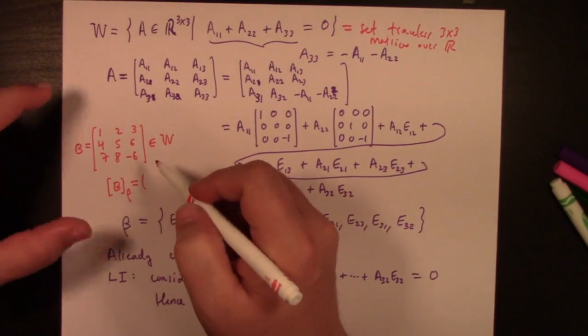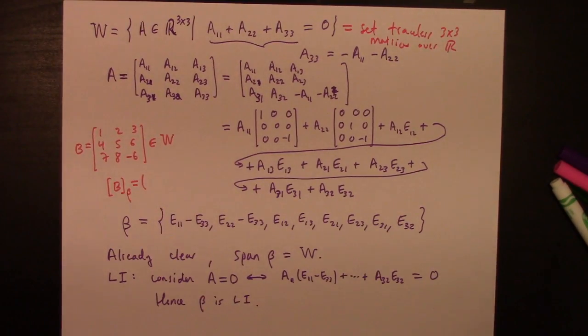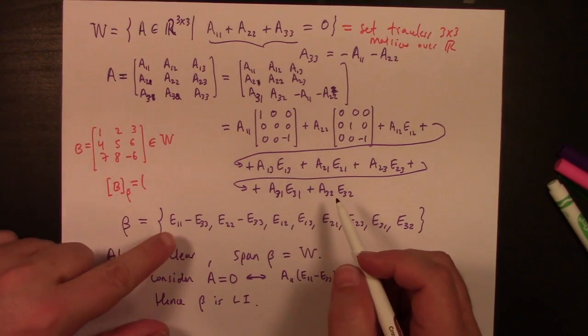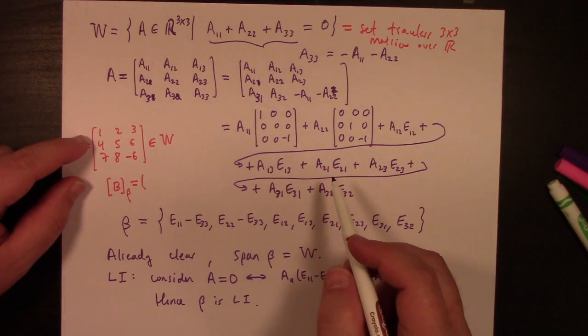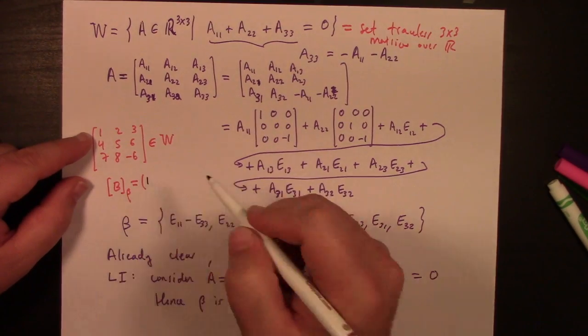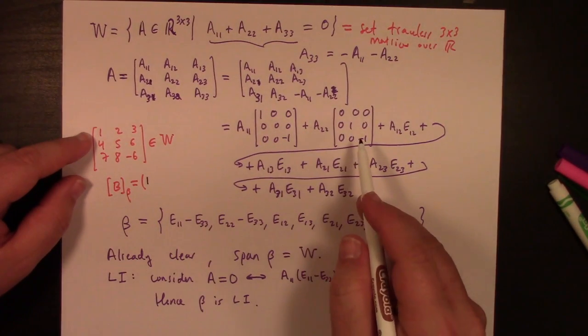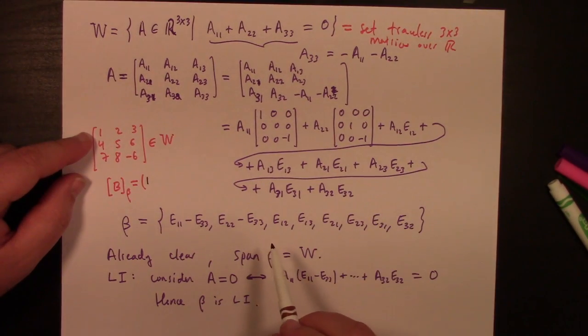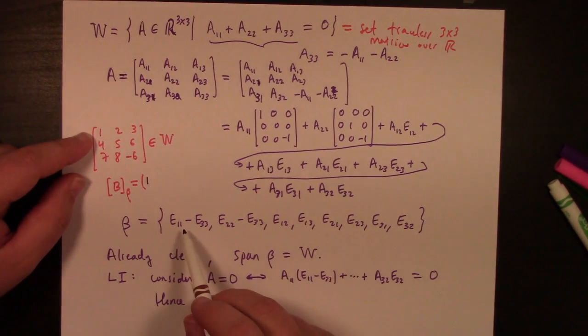Well, you just got to look and see what are the coefficients of these different things. If I look at how many copies of E11 do I have? Well, 1. How many copies of E12? Oh, I guess it matters the order I put these in.